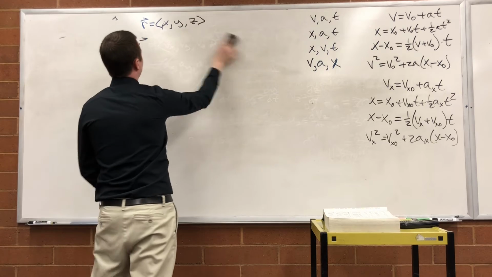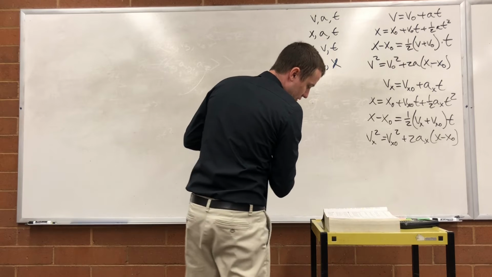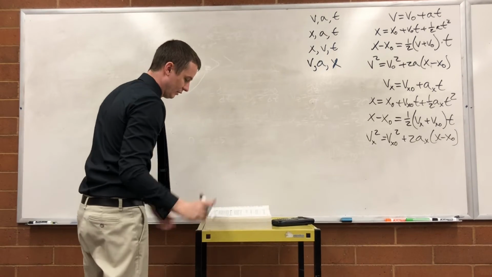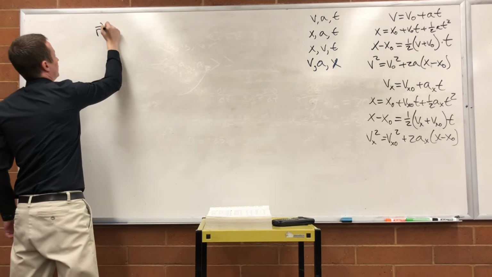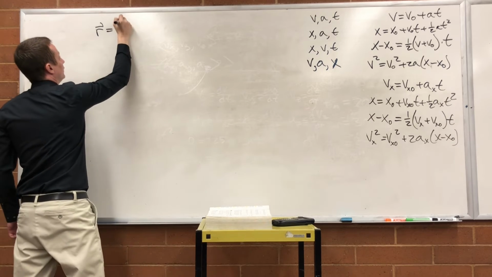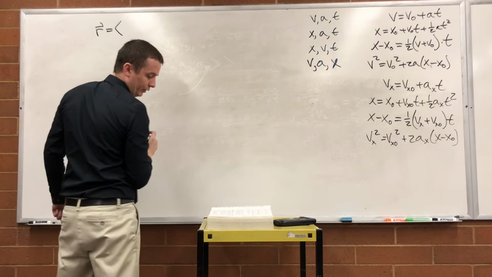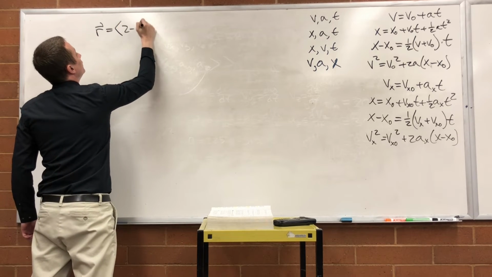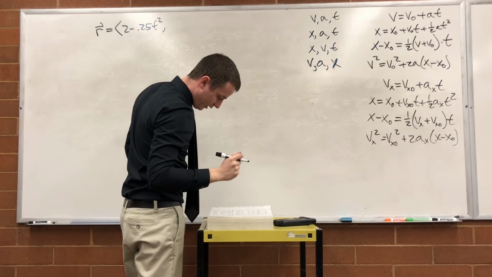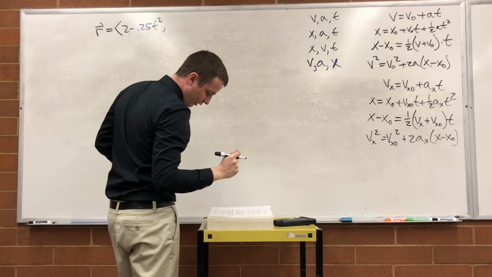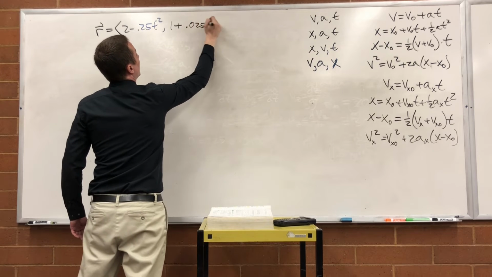So we've got a rover moving on the Martian surface, and its position vector, now we're only talking about in 2 dimensions. Its position vector is equal to, and maybe I'll write it this way, 2 minus 0.25 t squared and 1 plus 0.025 t cubed.